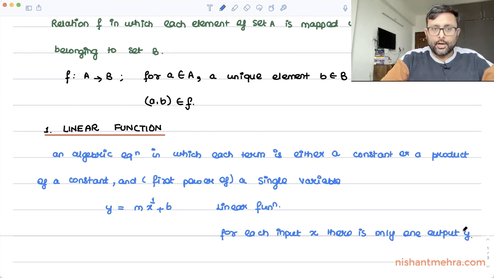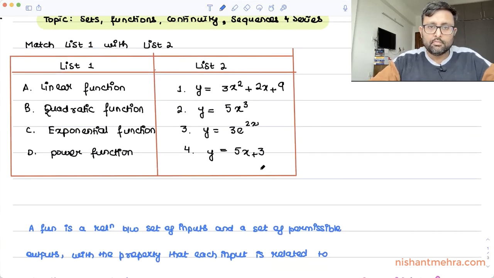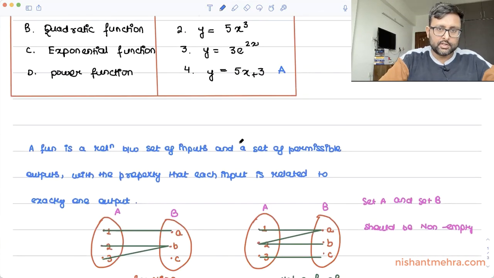So it satisfies the definition of function also. So looking at this, A seems to be related to 4. That's right.